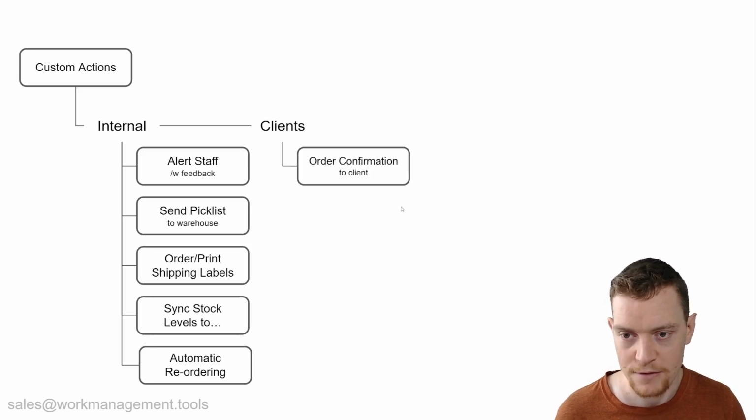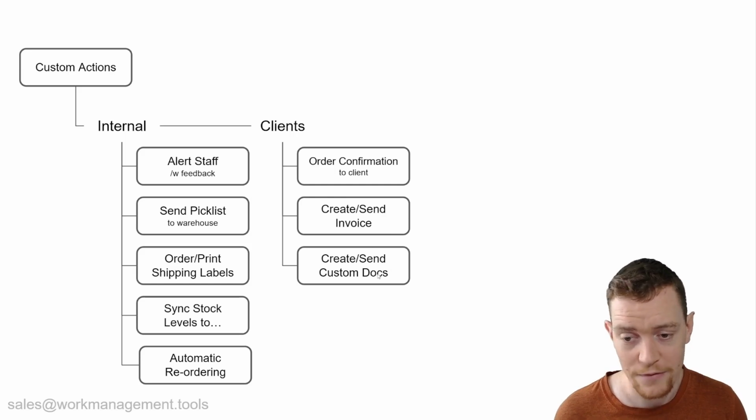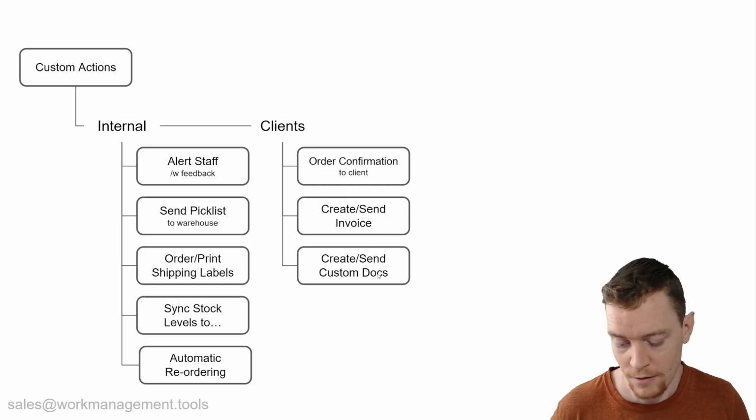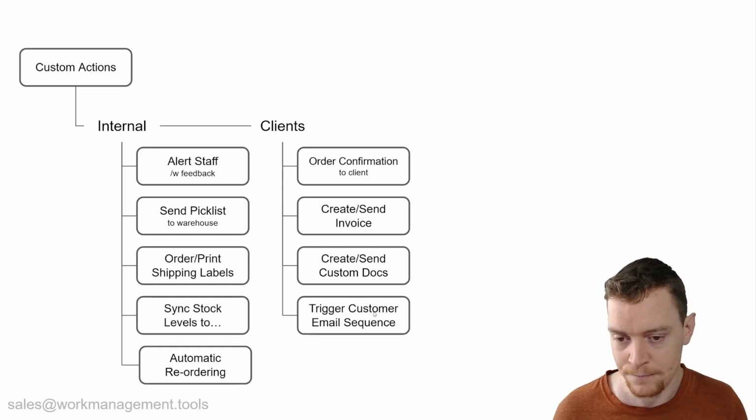Okay, for clients, you saw we had an order confirmation email to the client. We might want to create and send an invoice. In this case, our invoice was attached to the staff one, so they could edit it first, but we could just send it directly to the customer once we've got things running quite well. Or any other custom docs, if your particular niche requires other documentation, that can also be created and sent as well.